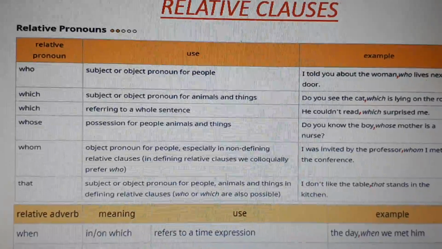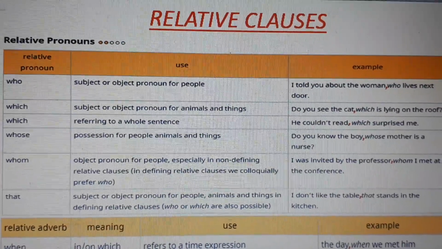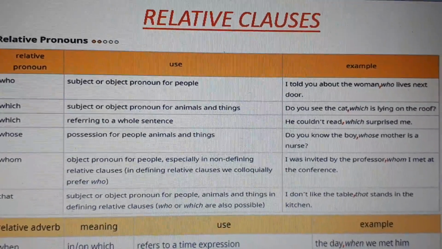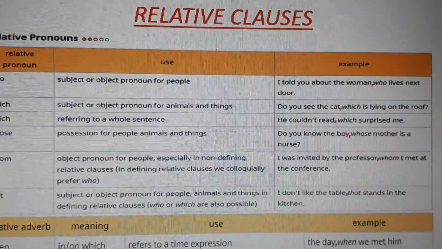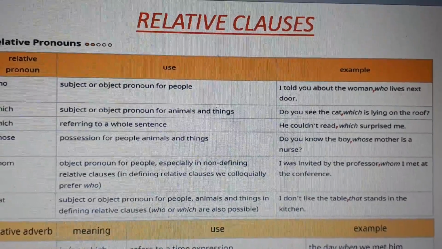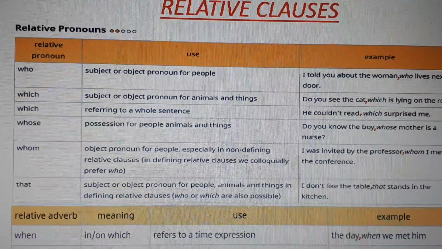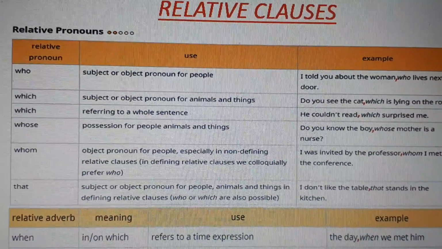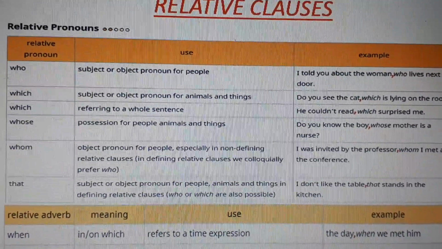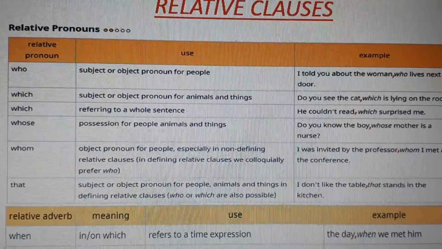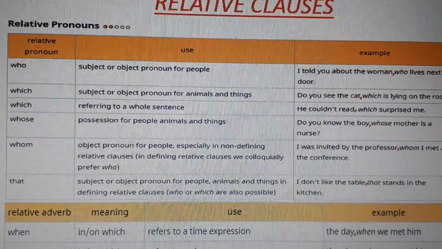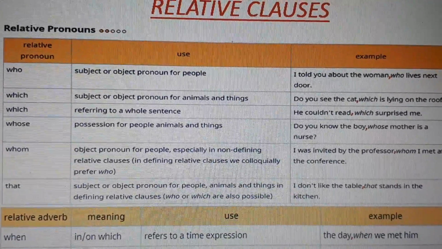We also have which referring to a whole sentence. For example: he couldn't read, which surprised me. Also, we have whose. Who is for people, but whose is when you talk about a possession, for people, animals, and things.